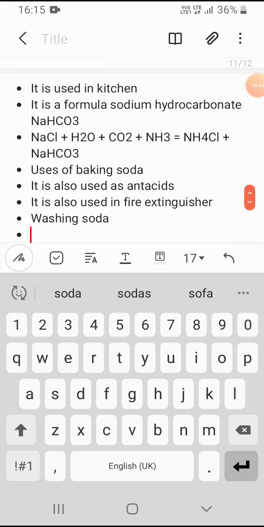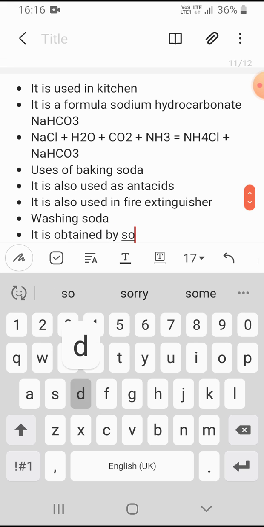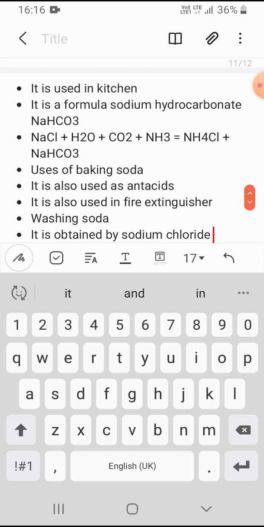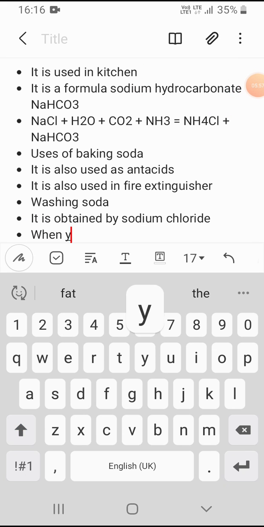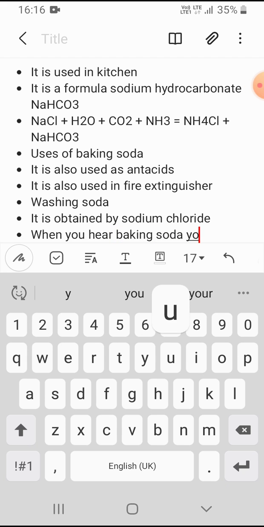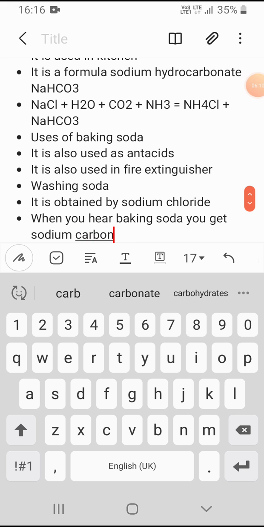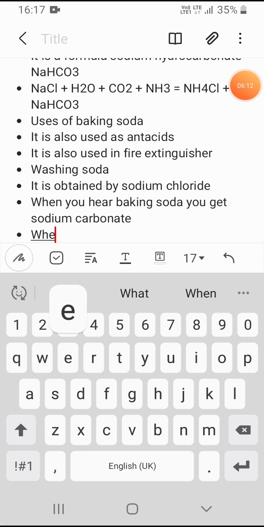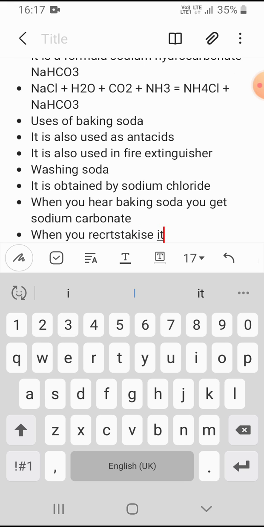Washing soda. It is obtained from sodium chloride. When you heat baking soda, you get sodium carbonate. When you recrystallize the sodium carbonate, you get washing soda.